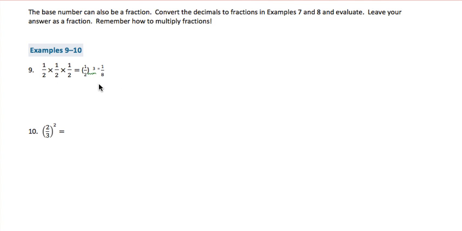And so the value of the exponent actually decreases the value of the base number when you have a traditional fraction.